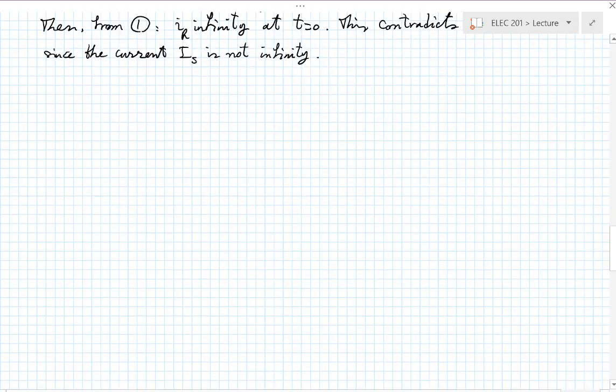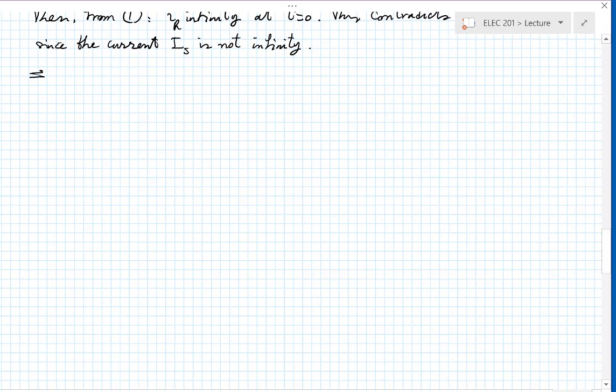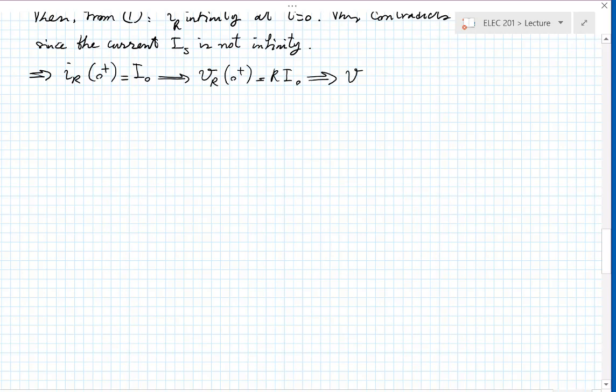So the result of this is the current in the resistor at time t equals 0 plus is equal to I naught, which then says the voltage of the resistor at time 0 plus is R times I naught, which then says the voltage of the inductor, which was the same at 0 plus, is R times I naught. This is what we talked about briefly at the end of yesterday's example. And we will do this kind of thing more and more.